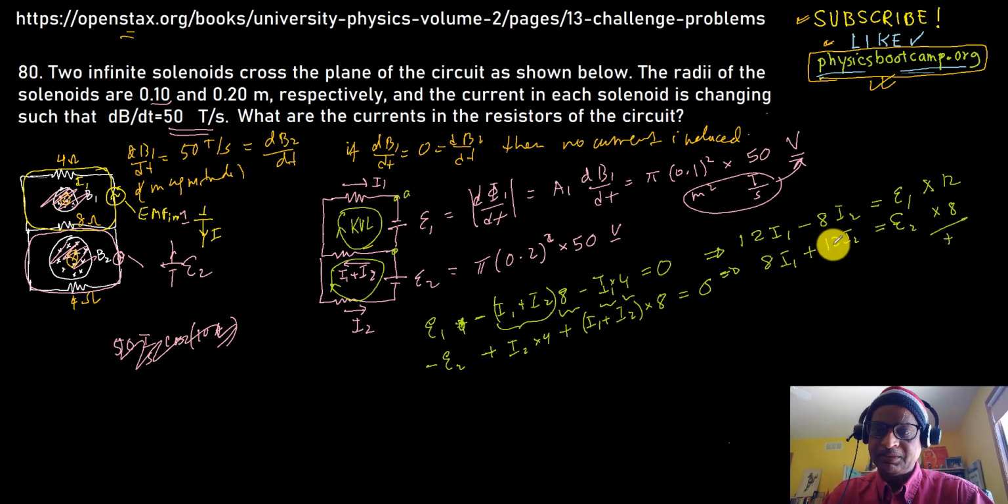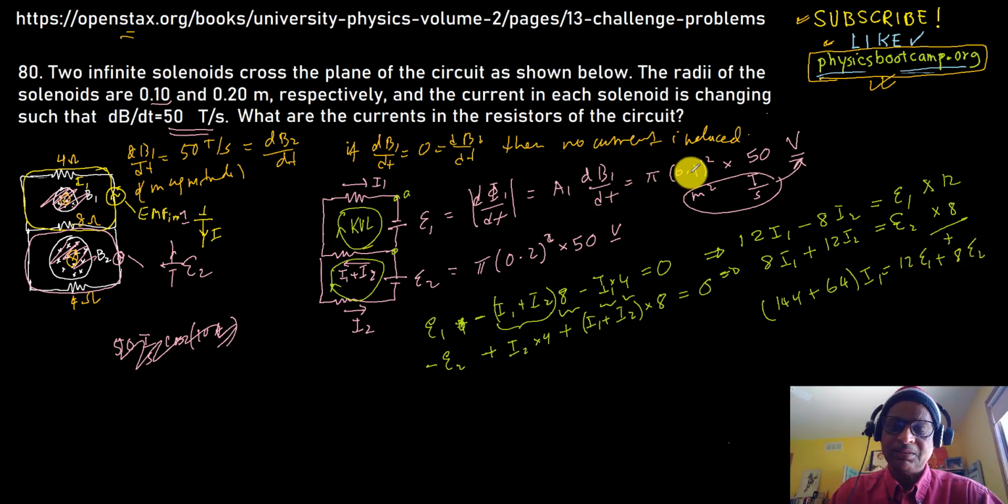That thing will kill this guy, and so you have 12 times 12 is 144, plus 8 times 8 is 64, that's I1, 12E1 plus 8E2.